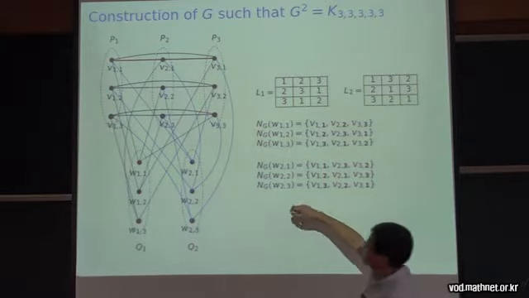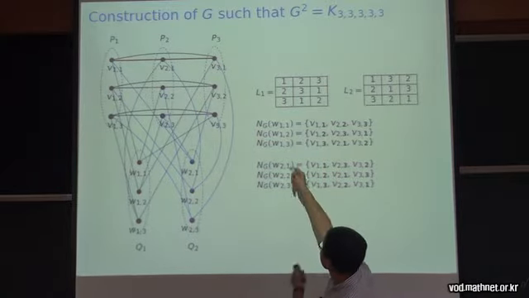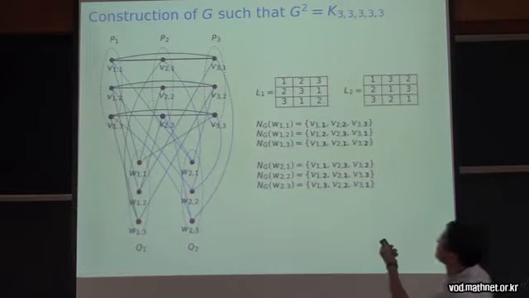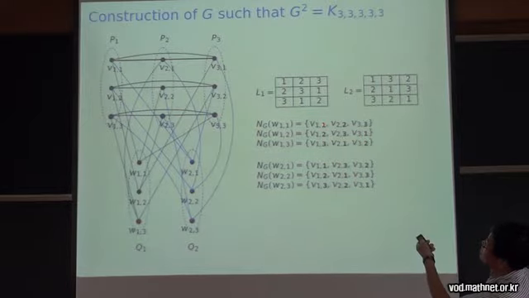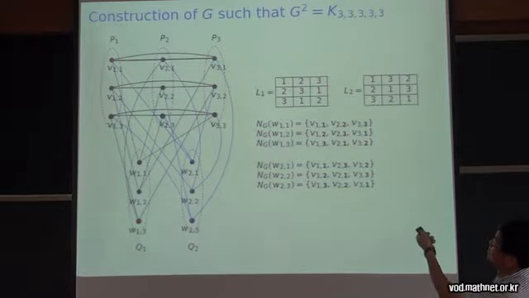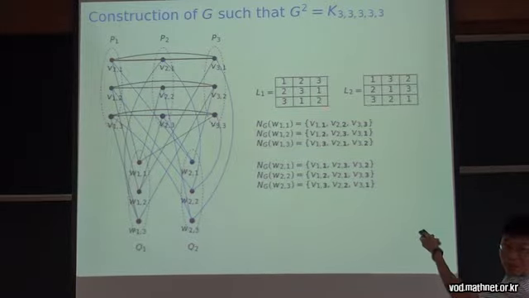The neighborhood of W11 is this way. Just look at the bold numbers. So 1, 2, 3 is 1, 2, 3 here. Here 2, 3, 1, just 2, 3, 1. 3, 1, 2, just 3, 1, 2.